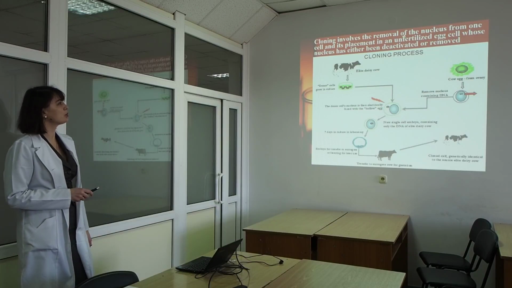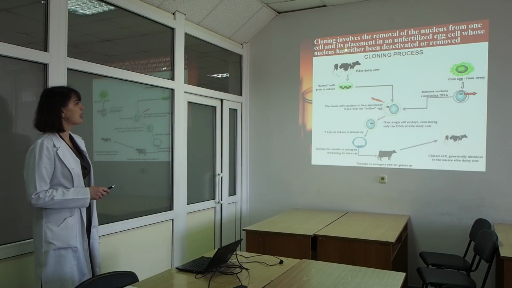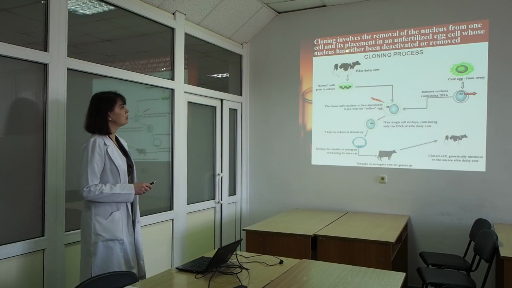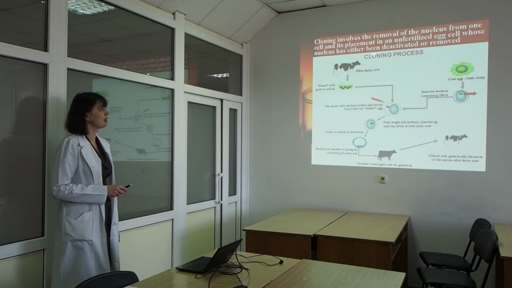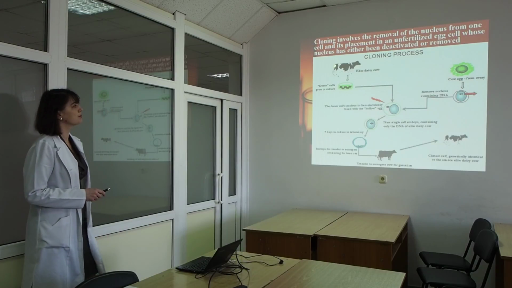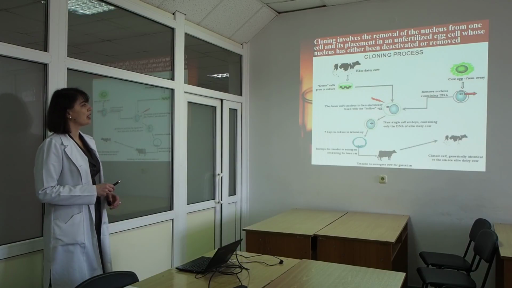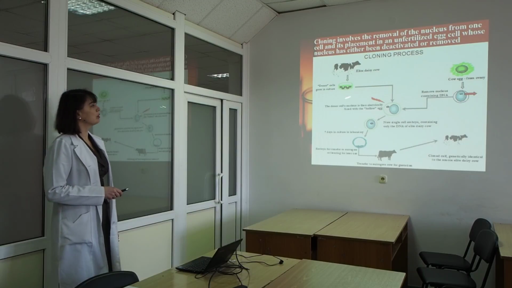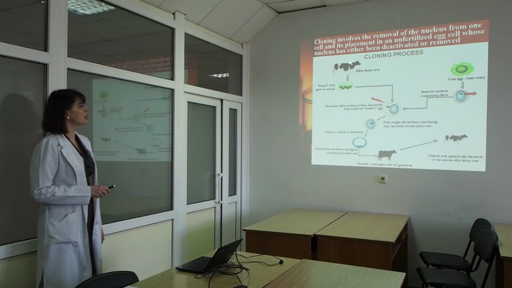Cloning involves the removal of nucleus from one cell and its placement in unfertilized egg cell whose nucleus has either been deactivated or removed. For example, we need to clone elite dairy cows. Donor cells grow in culture.